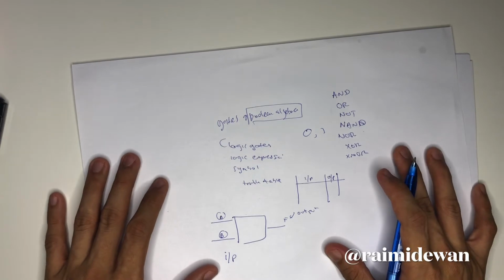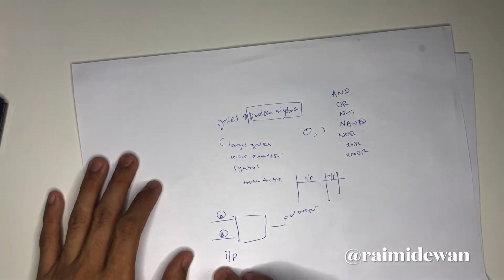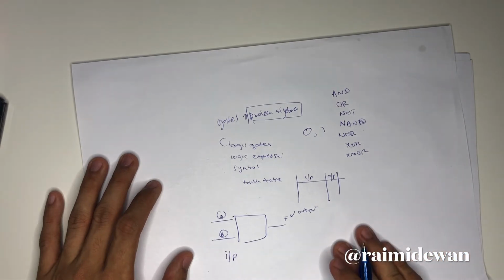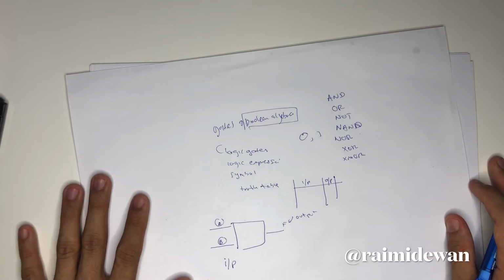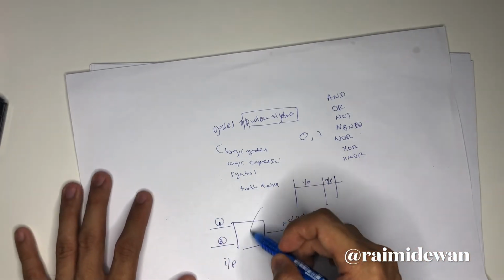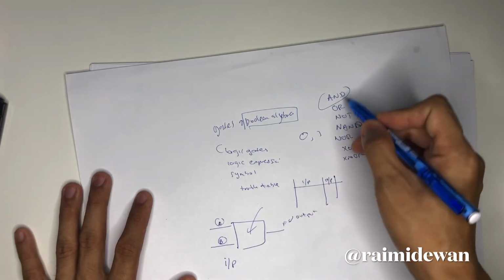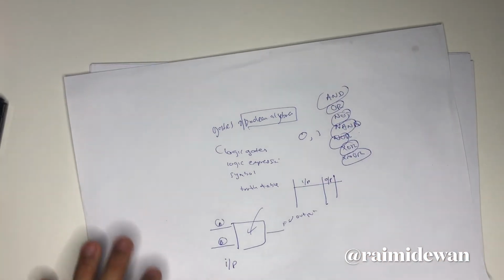Each gate should have at least one input and at least one output. The output depends on the function of the gate and the combination of all the inputs. So here you can have your AND, OR, NOT, NAND, NOR, XOR or XNOR gate.